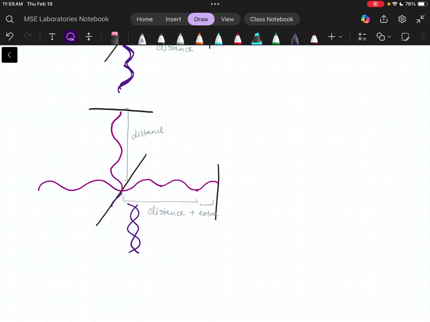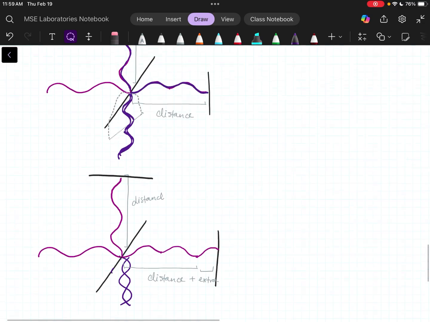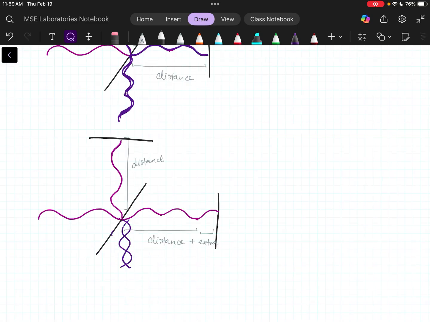So in these ones, if I set these on top of each other, I end up with a wave that kind of looks like this. That's effectively my wave coming out instead of this right here.